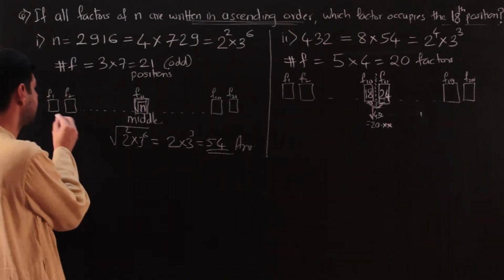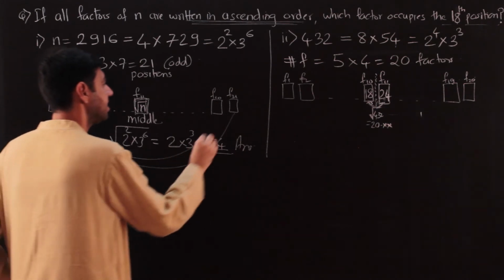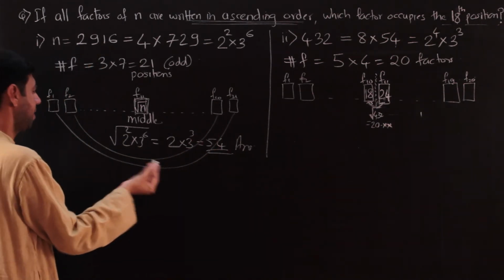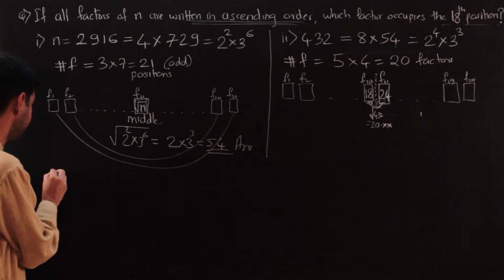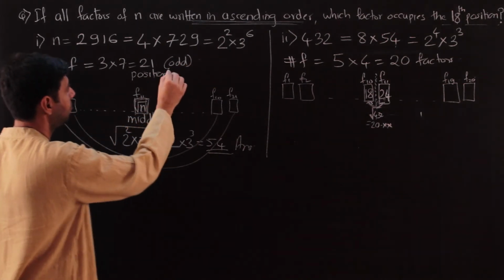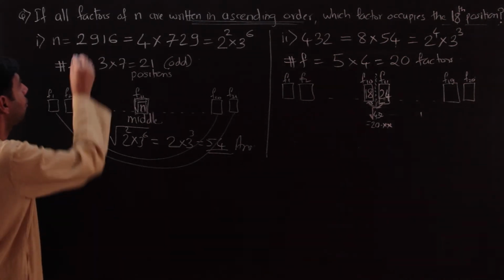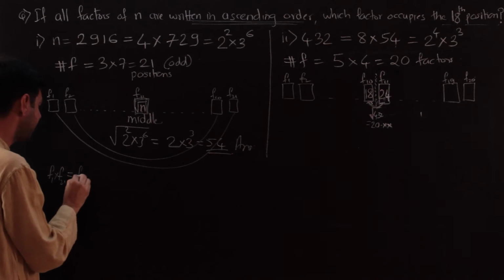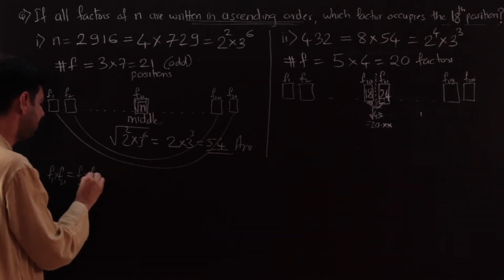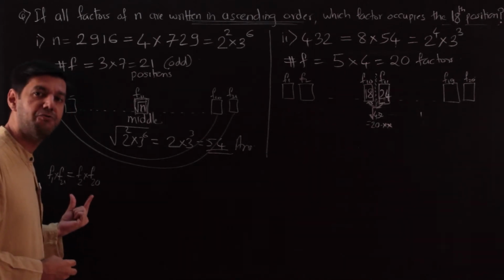We just need to understand that the first and 21st will multiply to n, second and 20th will multiply. So let me write it out over here again. First factor lying in first and factor lying in the last, 21 positions are there, will multiply to form the original number. Factor in the second position and factor in the 20th position will also multiply to form the original number.